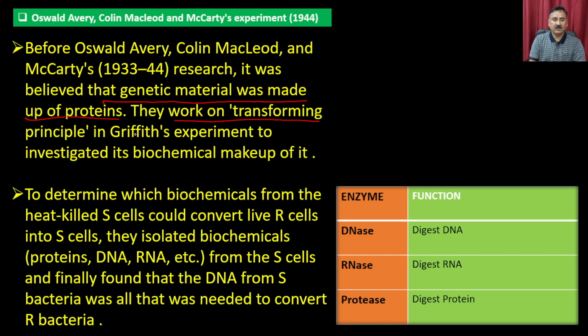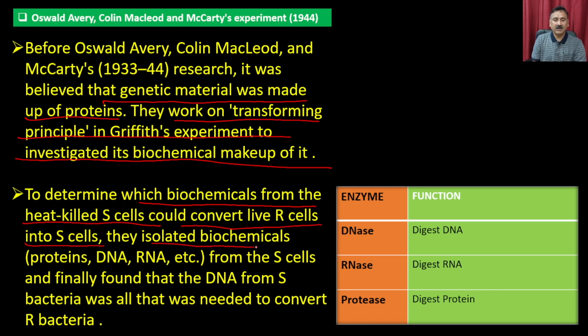They worked on the transforming principle in Griffith's experiment to investigate its biochemical makeup. To determine which biochemical from the heat killed S type bacteria could convert the live R type bacteria into S cells, they isolated the proteins, DNA and RNA from the S cell bacteria, and finally found that the DNA from the S bacteria was needed to convert the R type bacteria.